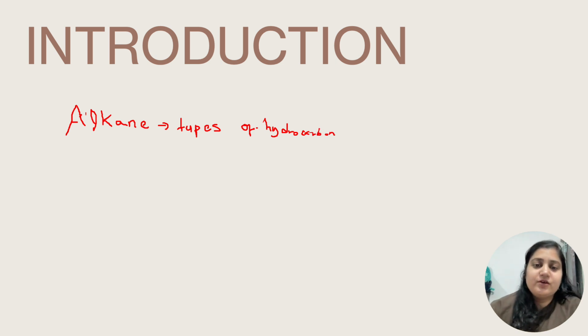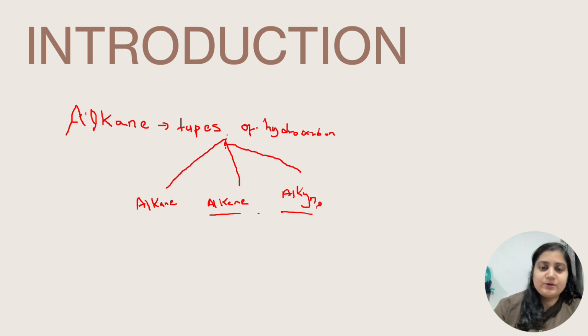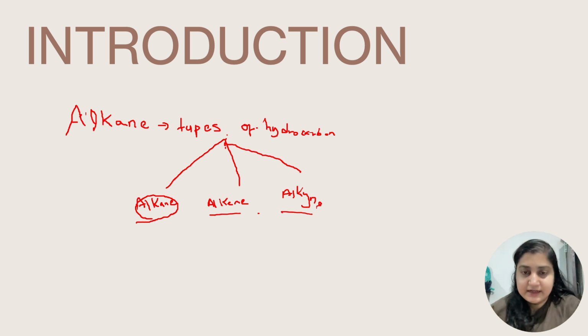So what are the types of hydrocarbon? There are 3 types of hydrocarbons. One is alkane, one is alkene, and one is alkyne. Regarding alkene and alkyne, I will discuss in the next video, but today the main focus is about alkane.